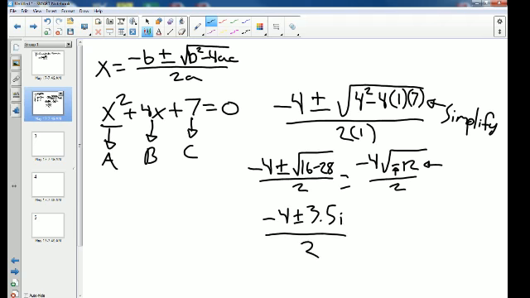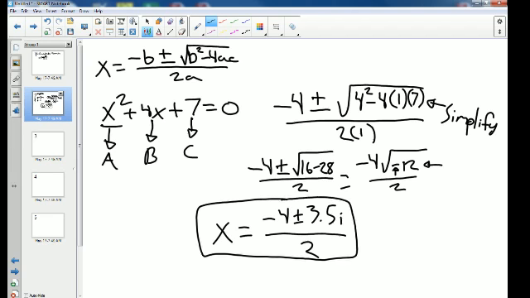In this form, there's no way to simplify further. Your objective is usually to get two numbers, one with the plus and one with the minus, that x is equivalent to, but in this case you can leave it as is because there's no further way to simplify it.